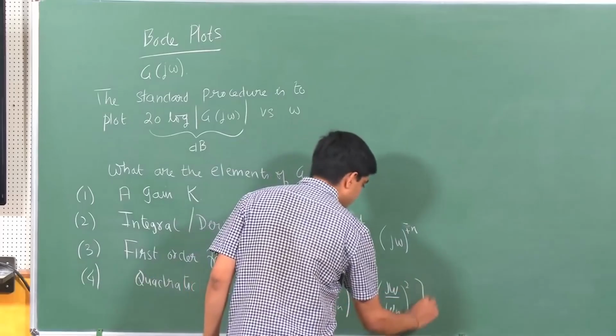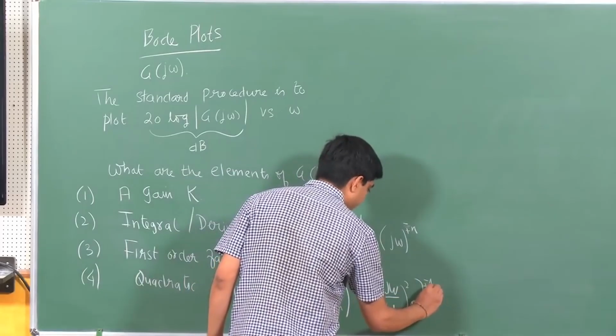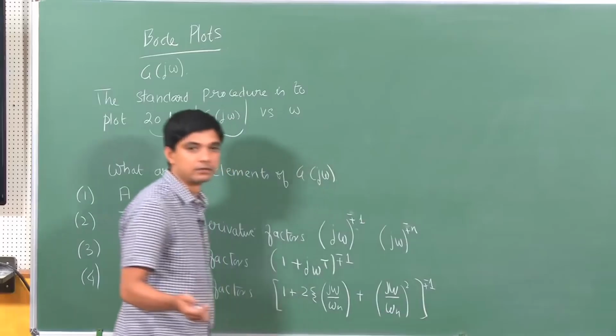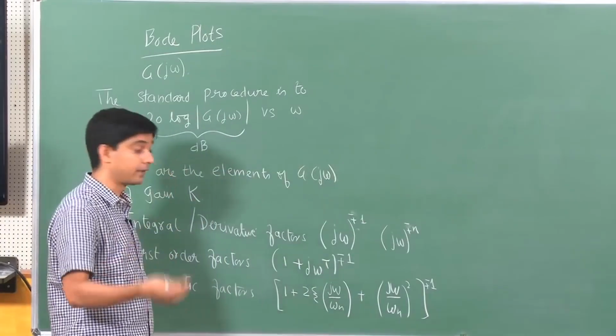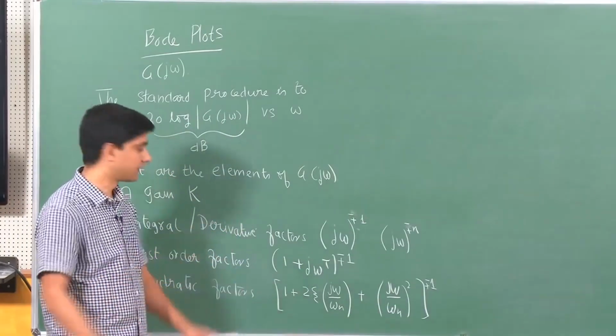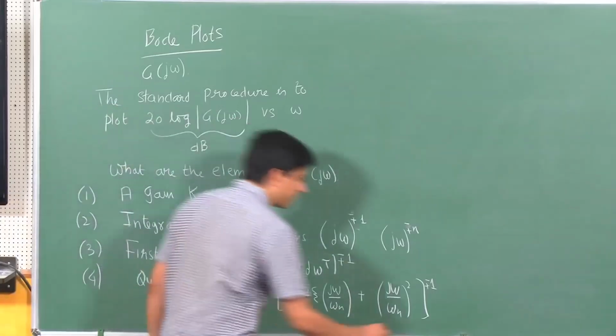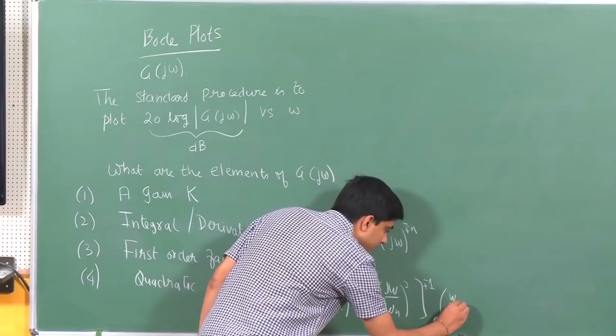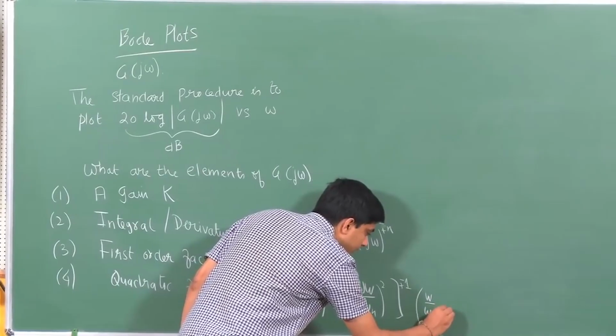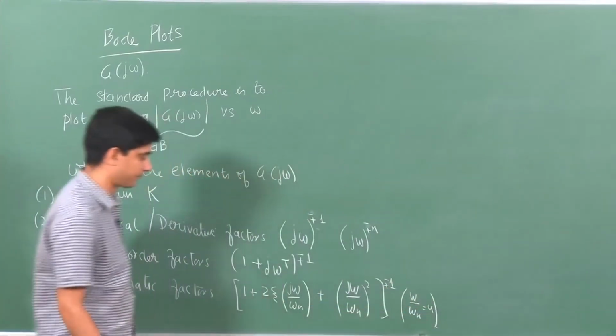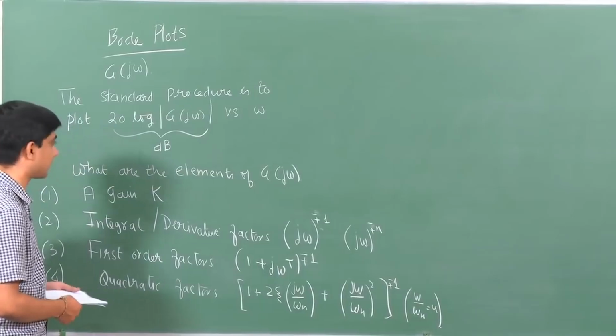This will also be to the power minus or plus 1, depending on whether we are dealing with poles or zeros. And earlier, for ease of notation, we had defined omega over omega n as u, and we sometimes use this notation for u, or for omega equal to omega n.